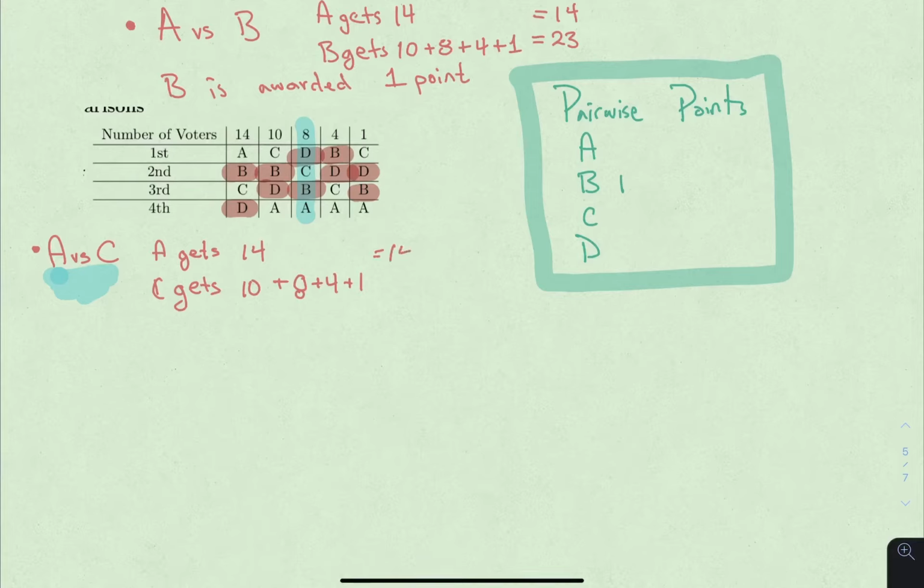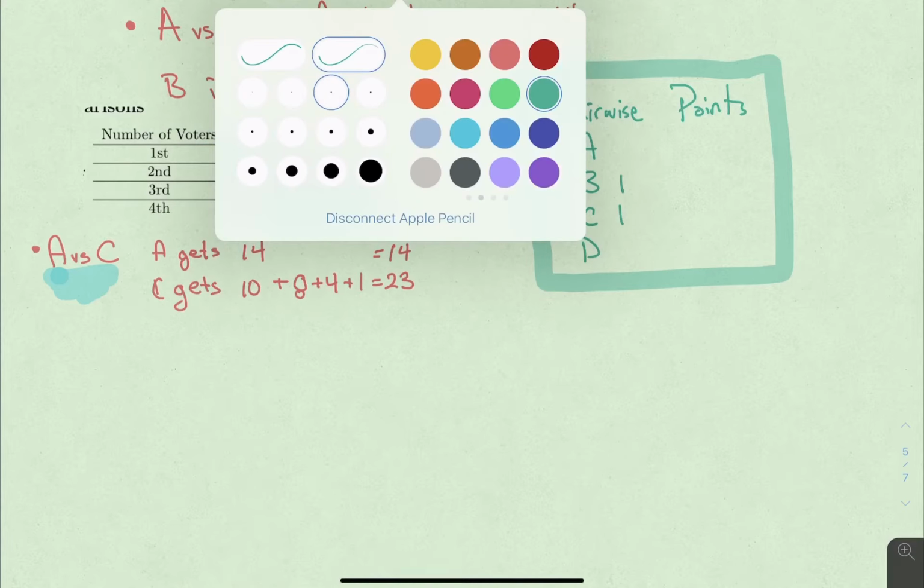And we can see these numbers are actually the same as before. And what's happening here is we should note that A was only ever in first place or last place. So in these pairwise comparisons, A is always going to lose, because A only will ever get 14 points. But right now, let's make sure that we award C their point for beating A.